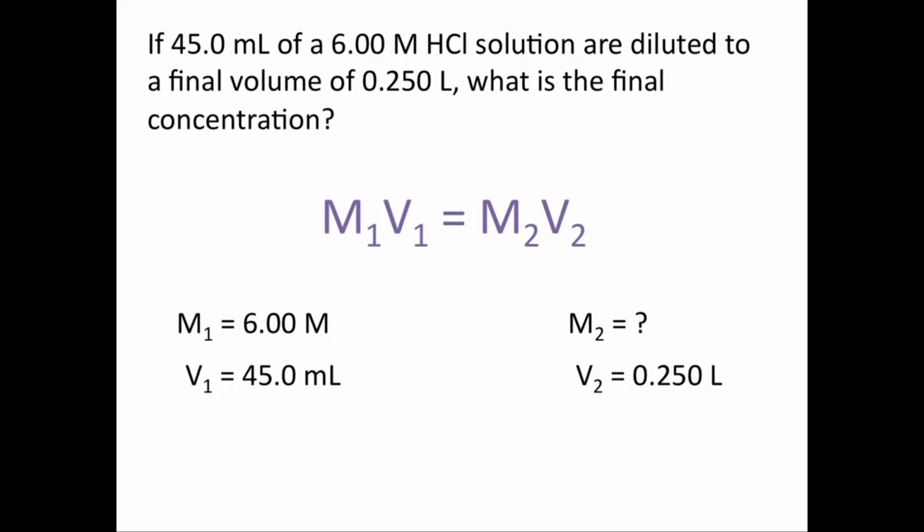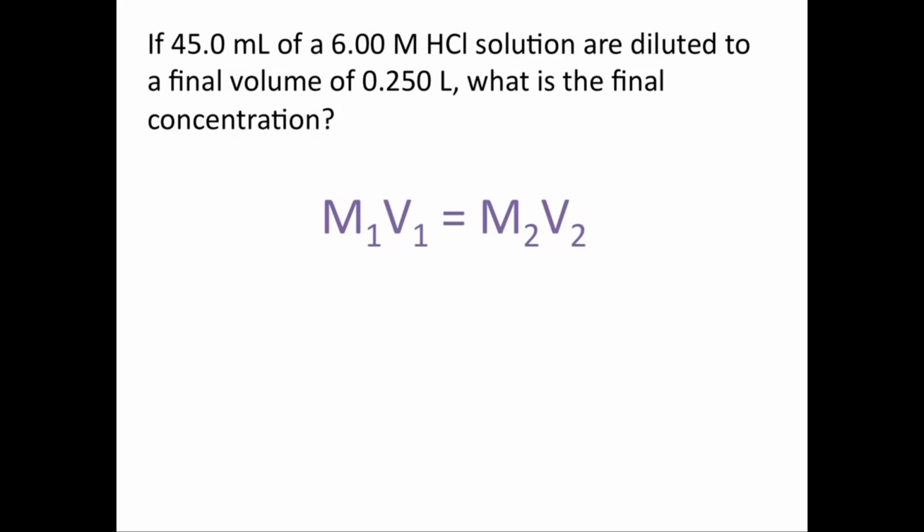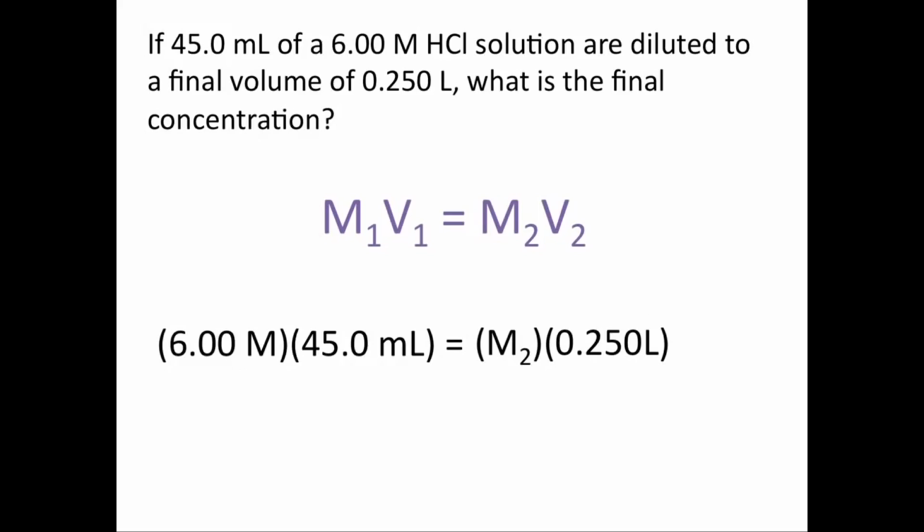But if you look at the two volumes given, you'll see that one volume is given in milliliters and one volume is given in liters. Now it doesn't matter if we convert volume 1 to liters or if we convert volume 2 to milliliters, but we need to change one of them so that they have the same units. But let's see what would happen if we just plugged in our values the way they were. We would set up our problem according to our given equation.